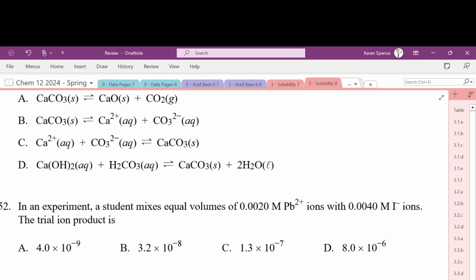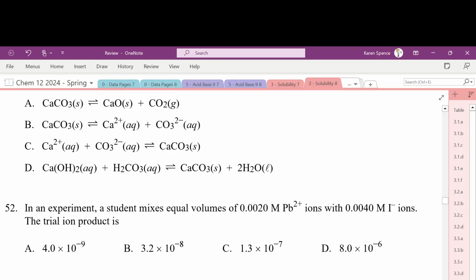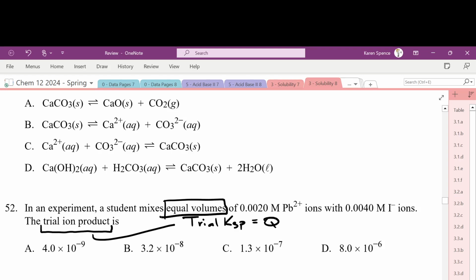Okay, in an experiment, now this trial ion product, that is the trial Ksp, which is the same as Q, okay? So we mix equal volumes of 0.0020 molar lead.